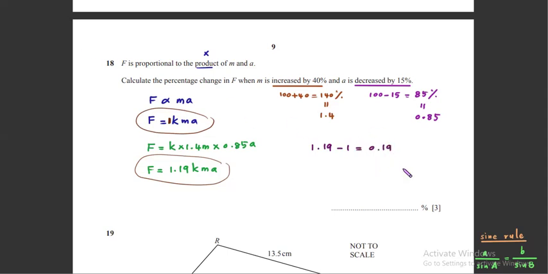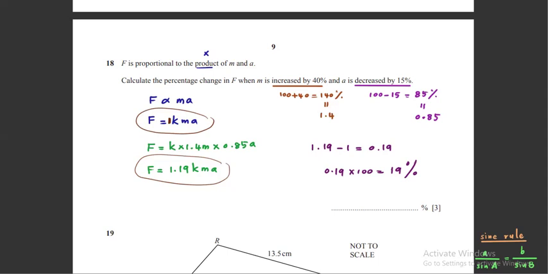This is written as a decimal. Now we need to convert this into a percentage. So to convert this into a percentage, I need to multiply this 0.19 by 100. This gives us 19%. So it has an overall percentage increase of 19%. The way we know that this is a percentage increase is because the moment it goes beyond 1, it will definitely be a percentage increase. So it's 1.19. Definitely, the overall is a percentage increase.